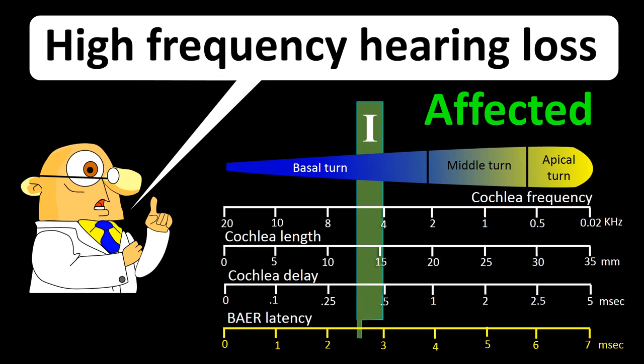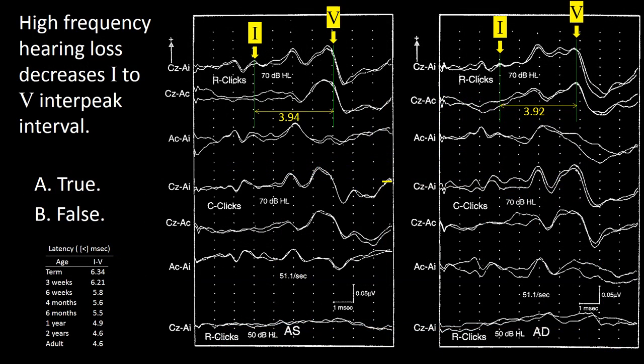And since the delay to wave 5 is minimal when a patient has high frequency hearing loss, the final result is a shorter 1 to 5 interpeak interval. So the answer to this question is A.